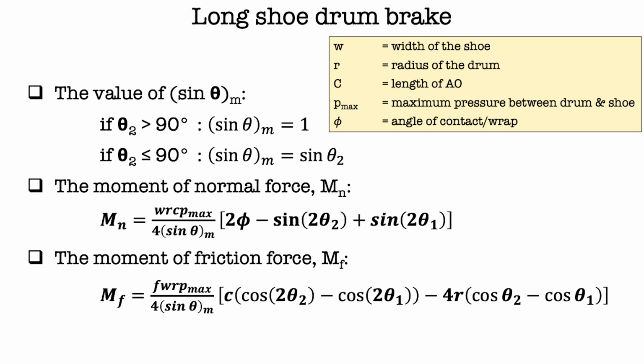However, if theta 2 is less than or equal to 90 degrees, then sine theta m will be equal to sine theta 2. This sine theta m will be used to calculate the moment of normal force and the moment of friction force. Remember that at this time we have to use theta in degrees and phi in radians.